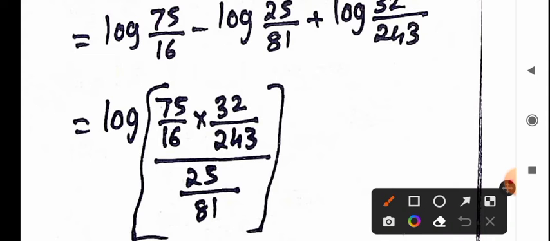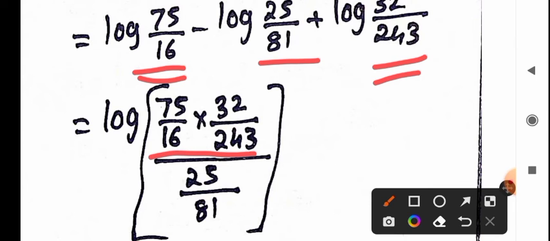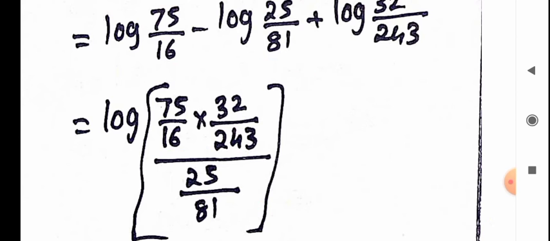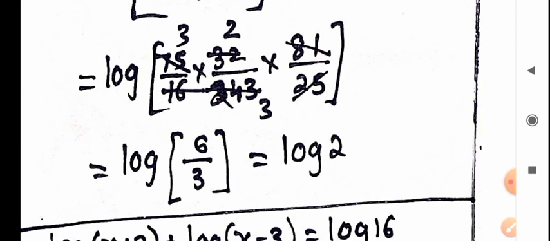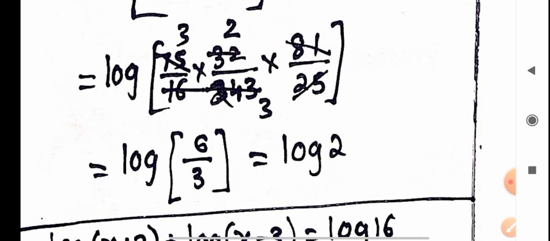So log 75 by 16 minus log 25 by 81 plus log 32 upon 243. Then using product rule, 75 by 16 plus log 32 by 243, and using quotient rule this will go in the denominator. Now further solving, we will get log 2. So LHS is equal to RHS, hence it is proved.